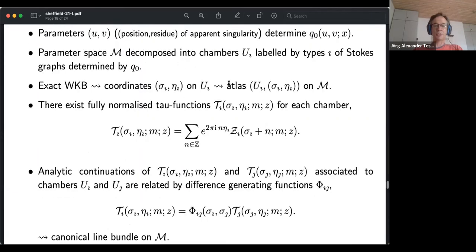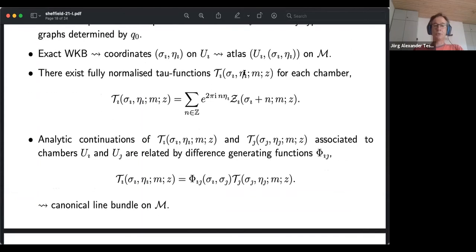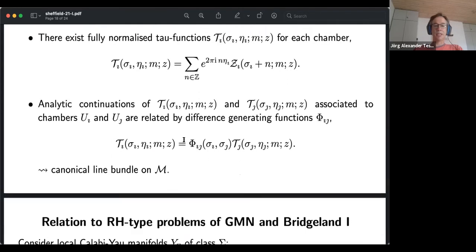Good, and then of course it's natural to ask how you change coordinates from patch to patch. There are changes of coordinates which are just induced from a change of the chamber, which you can work out. We have given examples, say for Fock-Goncharov to Fock-Goncharov. But the point was that we claim there always exist functions which represent the change of normalization relating the different tau functions associated to the respective chambers, and we characterize these as difference generating functions.